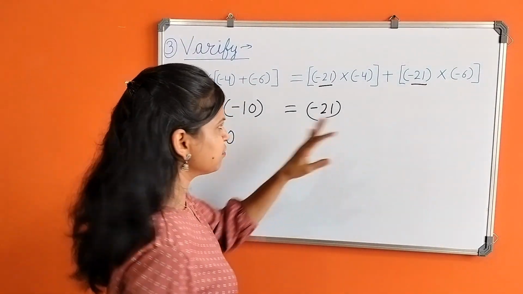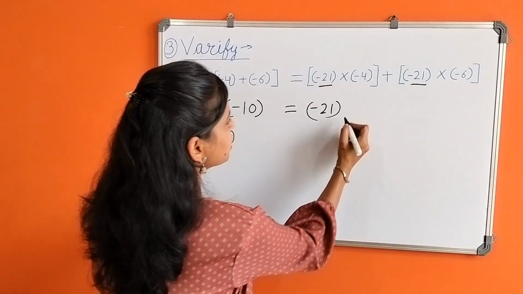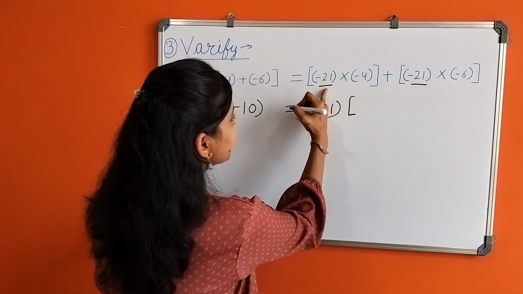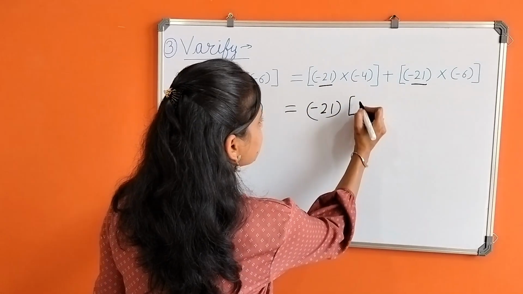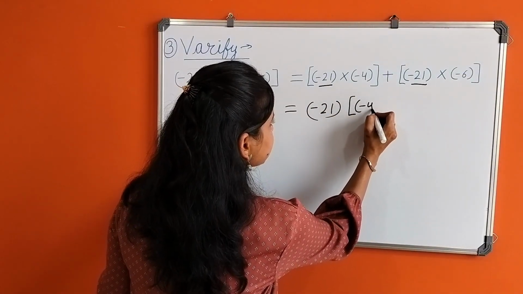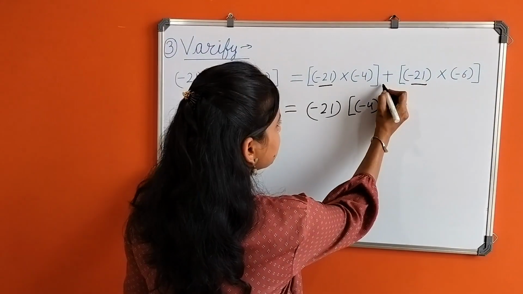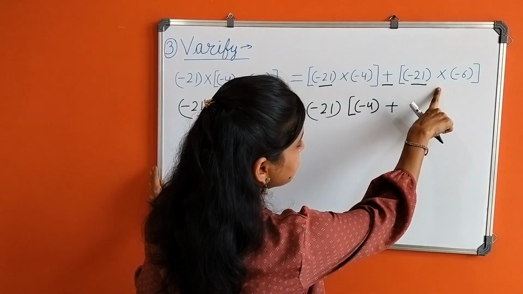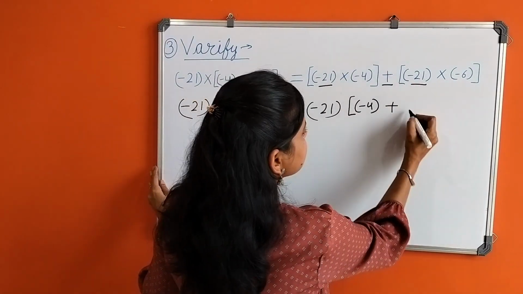We will solve it with this only. So minus 21 we have taken out, and in bracket what is remaining? If we take out minus 21, then what will be here? Minus 4. Negative number we are keeping in small brackets. Plus sign is there. Plus what is remaining in this group? Minus 21 has taken out. So minus 6 is there.